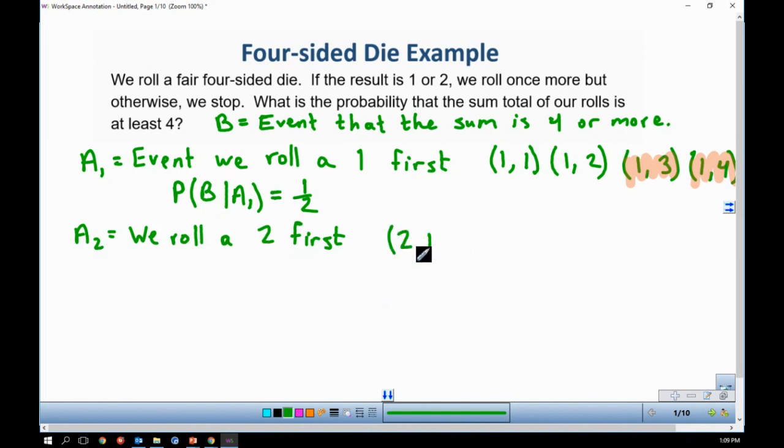Keep going, so I gotta roll again. So my options here, I could get a 2 and a 1, 2 and 2, 2 and 3, or a 2 and 4.